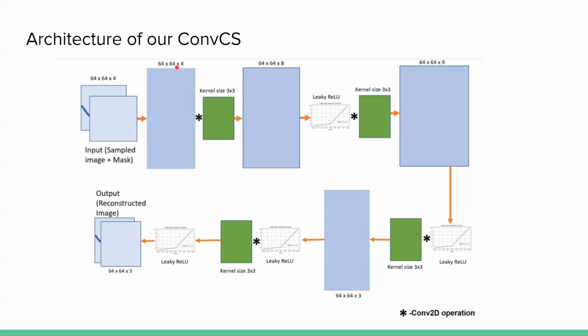As you can see, the input has four channels, which after the first convolution is made into 8. From 8, we make it 9 channels, and from 9 we bring it all the way back to 3. And the final output is again moved from a 3 channel to another 3 channel, and we get the final output reconstructed image.